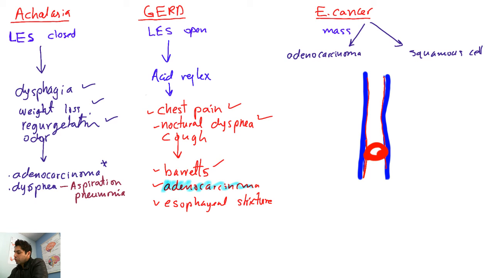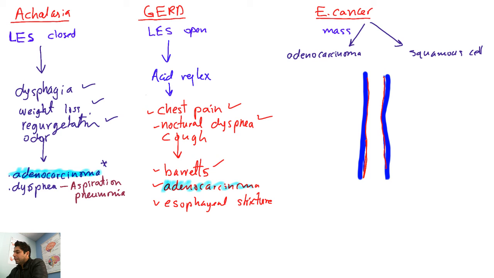Okay, so that's good. Now, would you remember this when you talk about adenocarcinoma as a complication of GERD or achalasia? At the end of the day, it leads to similar symptoms like achalasia: obstruction to food passage, or dysphagia.